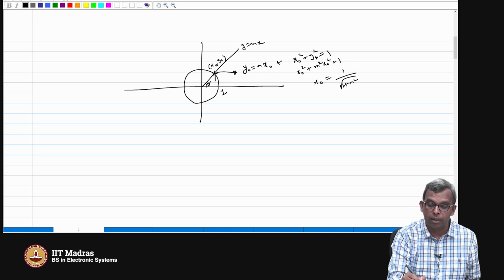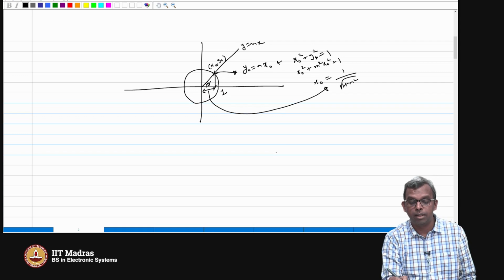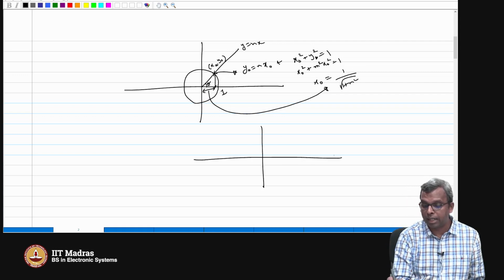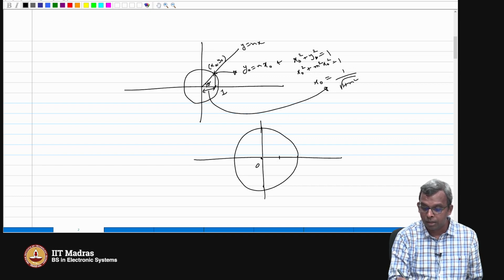This length is x naught, 1 by root of 1 plus m squared. If I want to find the arc length, let me draw a slightly bigger picture here just for convenience. I have the origin, and this length is 1 by root of 1 plus m squared.